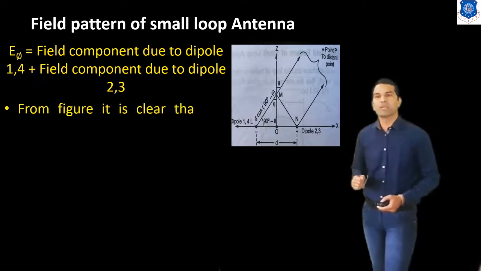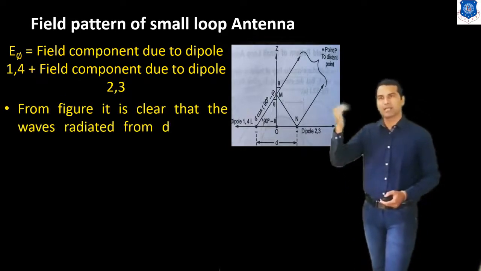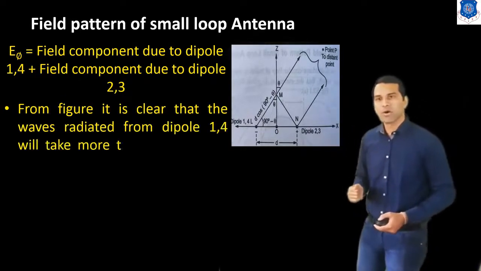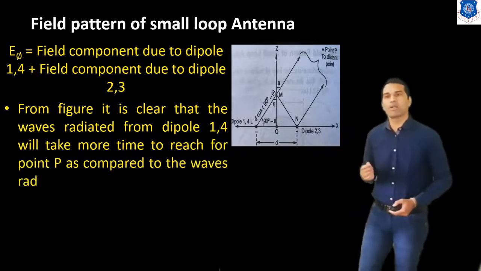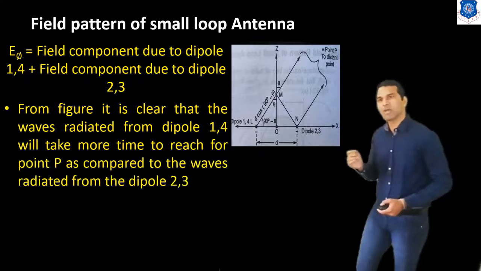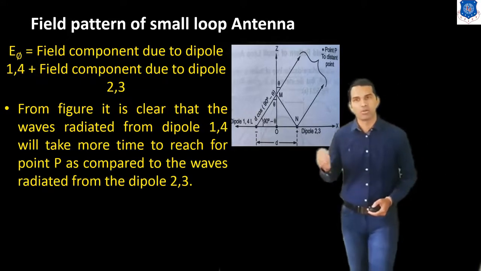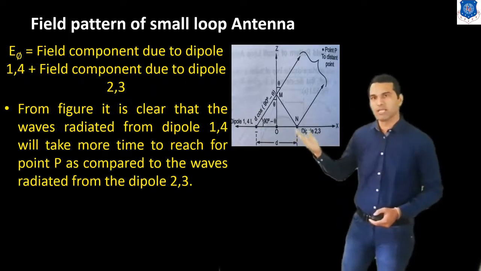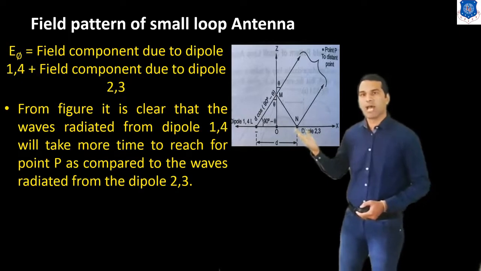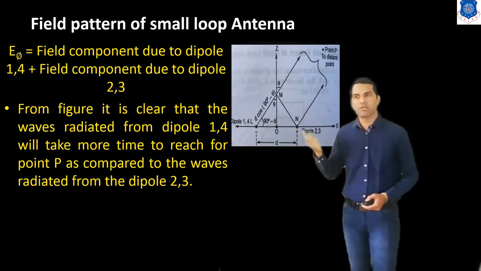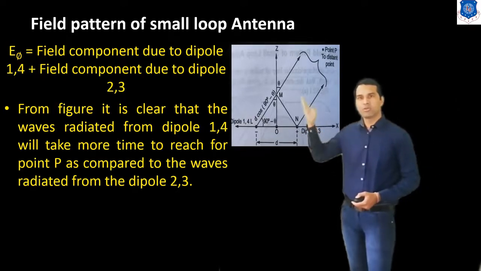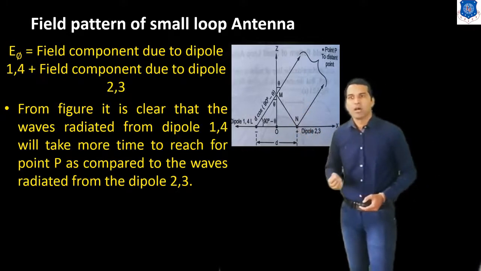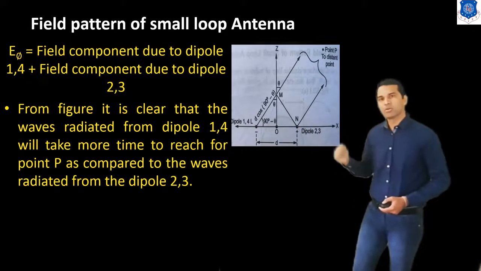Now from the figure it is clear that the wave radiated from dipole 1, 4 will take more time to reach the point P as compared to the wave radiated from dipole 2, 3. So here we can see in the figure that the wave radiated from dipole 1, 4 takes more time due to the path difference as compared to dipole 2, 3.